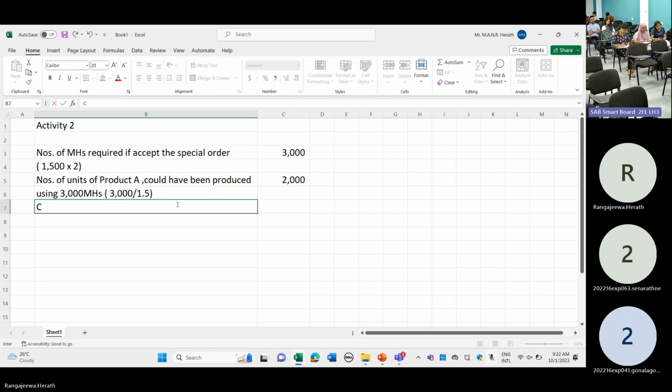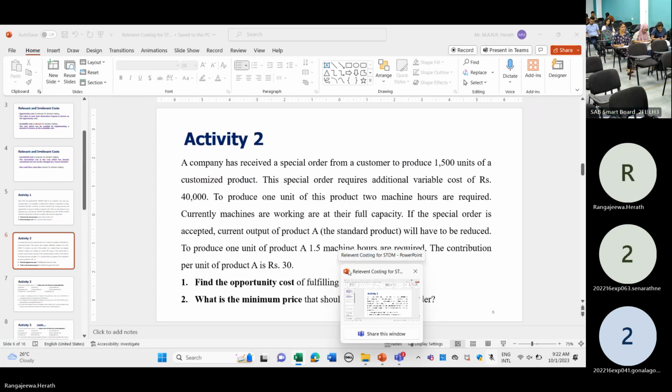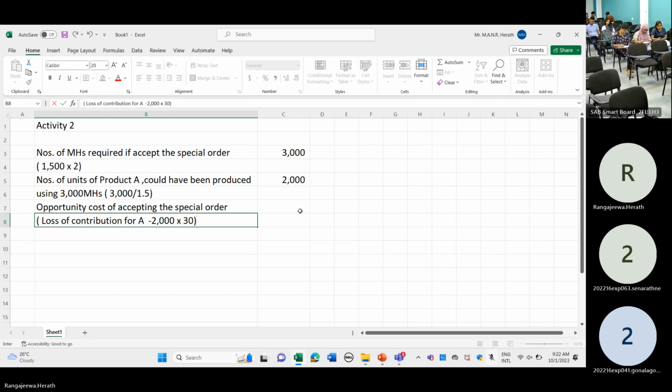So the opportunity cost of accepting the special order is the loss of contribution from A. So we could have produced 1,000 units of product A, and you were given that product A contribution is 30, which is 60,000 rupees.